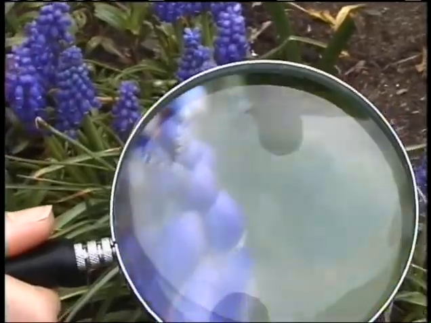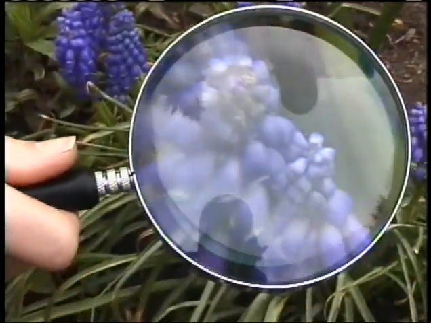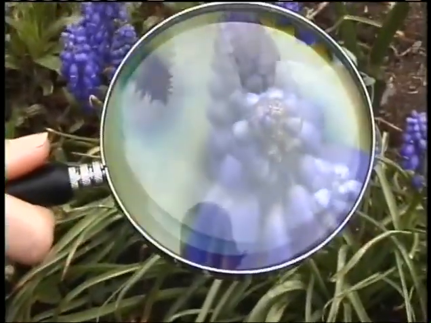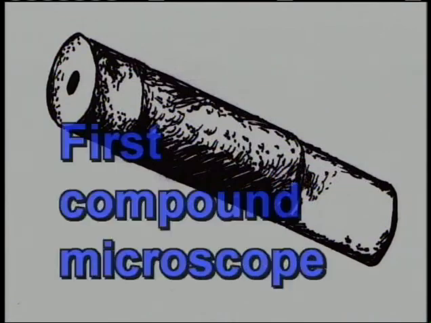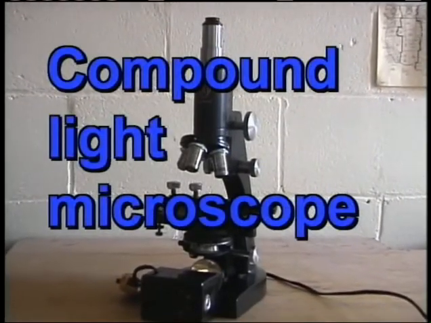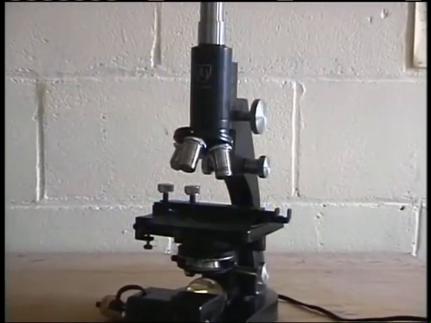The first microscopes, which contained just a single lens, were similar to a magnifying glass. But in 1590, a man who made reading glasses decided to put two lenses together in a tube and made the first compound microscope. Today, compound light microscopes are widely used.